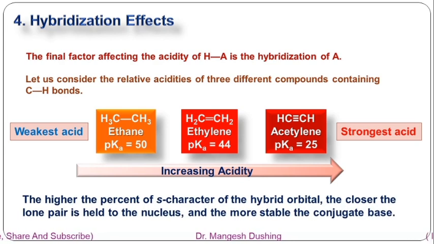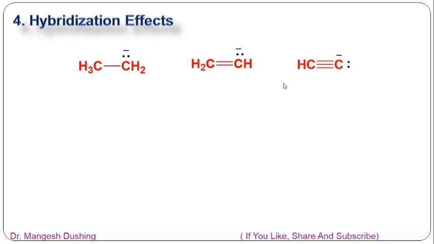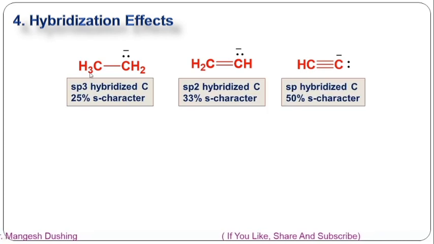The higher the percentage of s character of the hybrid orbital, the closer the lone pair is held to the nucleus, and the more stable the conjugate base. For example, these are the conjugate bases of these acids: CH3CH2 minus, CH2=CH minus, and HC≡C minus. These are the conjugate bases after losing the protons. The first one is an sp3 hybridized carbon, the second contains an sp2 hybridized carbon, and the third contains an sp hybridized carbon.